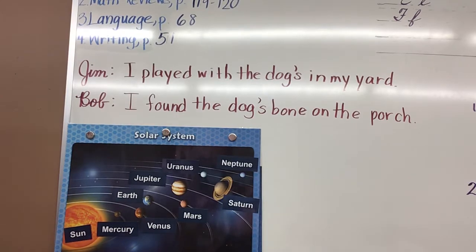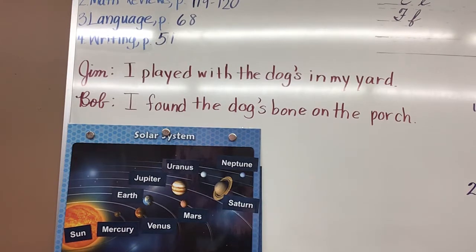Look at the board. Okay, so we have a sentence by Jim, and we have a sentence by Bob. Jim's sentence says, I played with the dogs in my yard. Bob's sentence says, I found the dog's bone on the porch. Eric, which sentence is dog's used correctly?